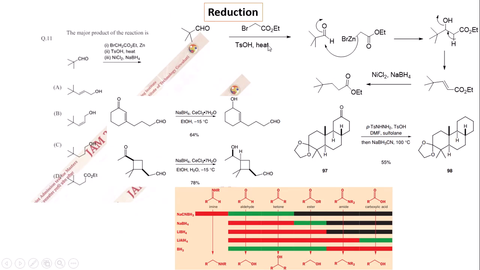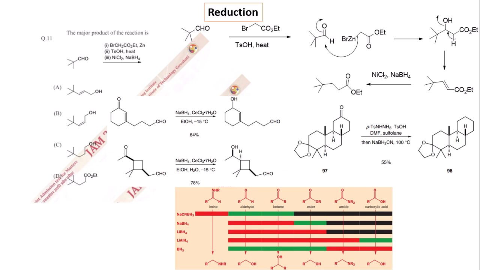Now we are going to the reduction problem. Reduction here means the Reformatsky reaction, where zinc reacts with the alpha bromo ester to produce the alkyl zinc bromide, and this alkyl zinc bromide can add to the carbonyl compound to produce the hydroxy compound, which undergoes elimination to produce the alkene. Then this alkene reacts with nickel chloride and sodium borohydride.